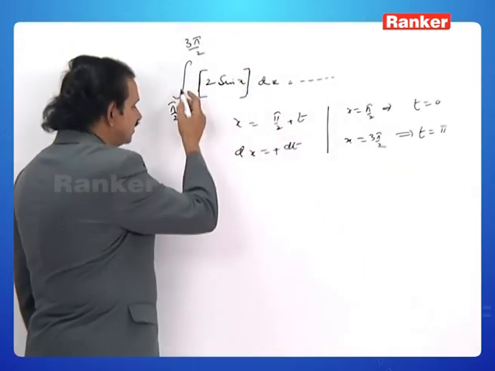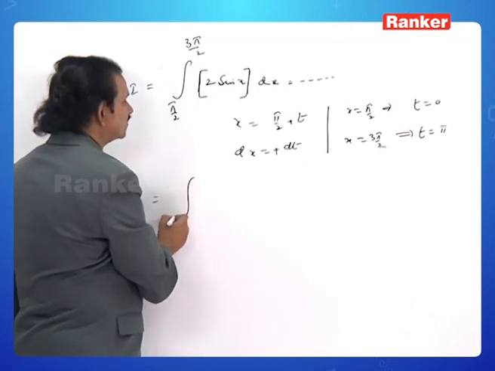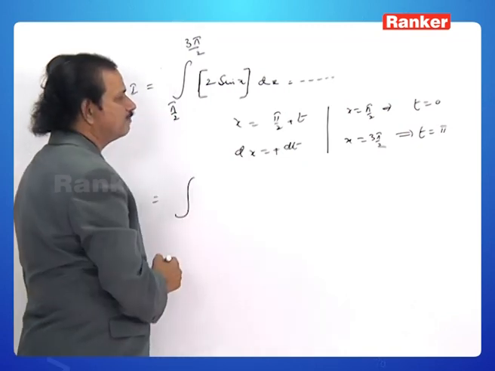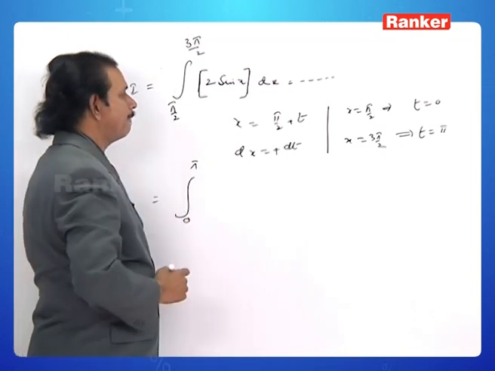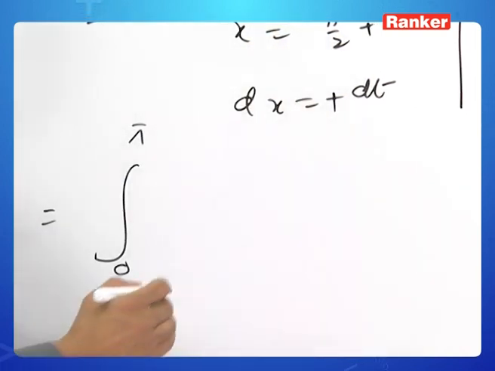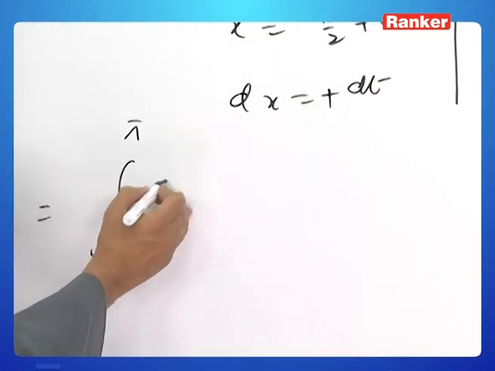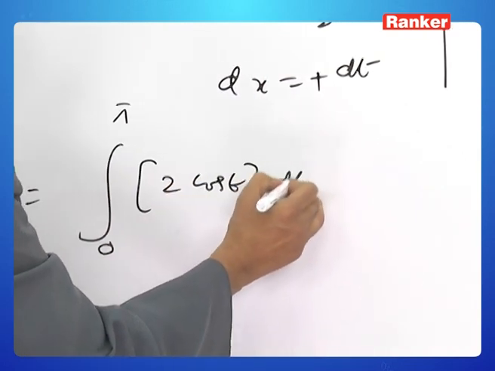Now, this integral can be changed: instead of pi by 2 to 3 pi by 2, we have 0 to pi. x is pi by 2 plus t, sine of pi by 2 plus t is cos t, isn't it? So the integral of 2 cos t dt.